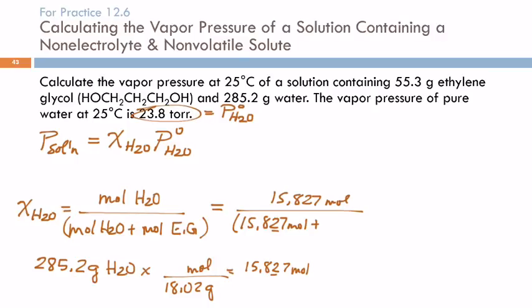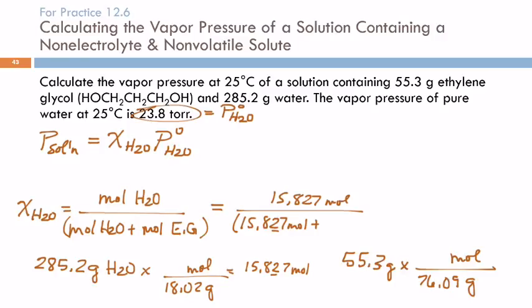Well, we've got 55.3 grams. And so we need the molar mass, right? We've got 3 carbons, 3 times 12.01, and 2 oxygens, and 2, 4, 6, 8 hydrogens. I'm getting 76.09.